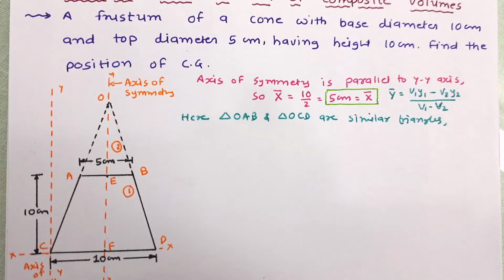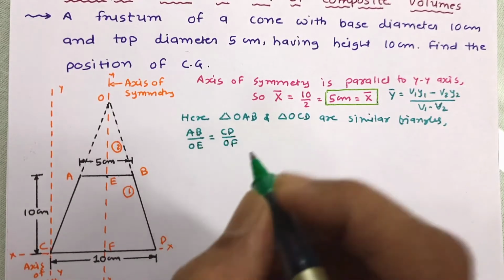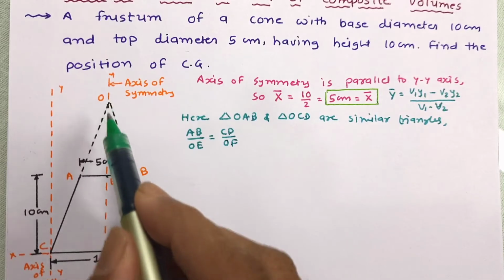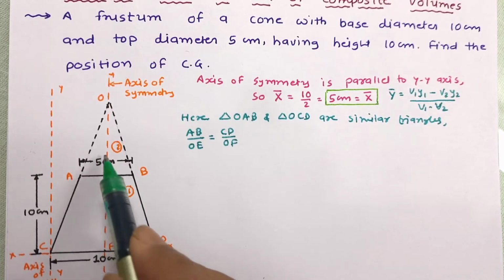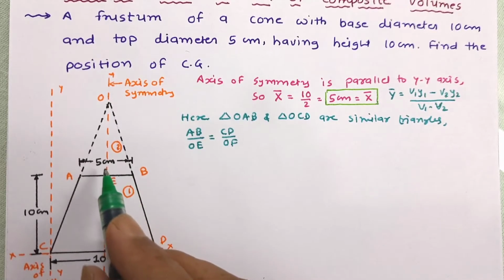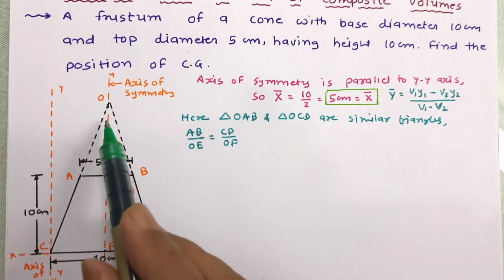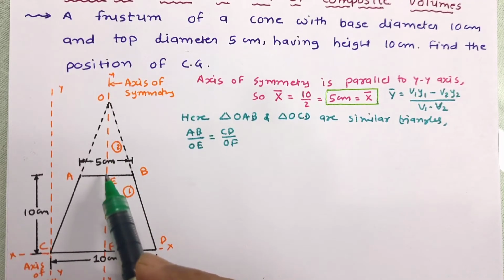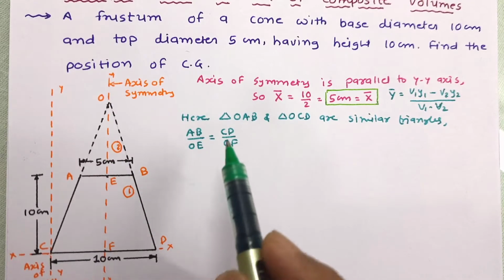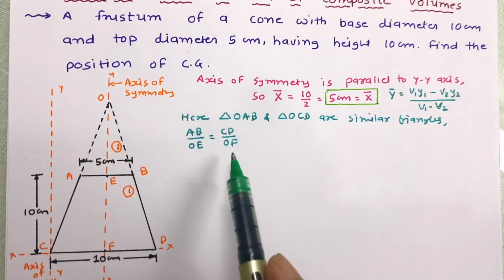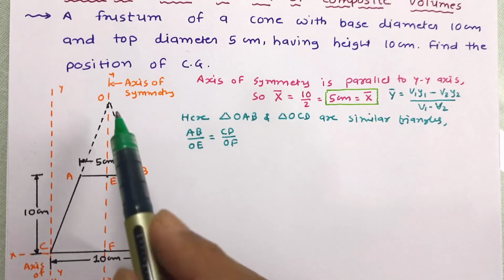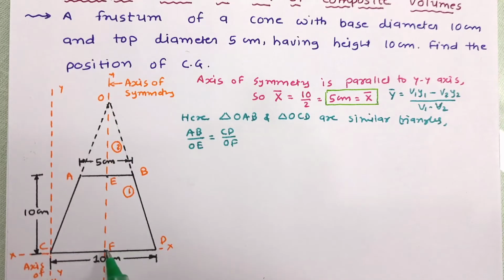So let us write it. AB divided by OE equals CD divided by OF. Now the AB dimension is given, it is known to us, it is 5. OE is not known, so we'll keep it as it is. CD, the base of the main cone, is known to us, and OF is the total dimension.